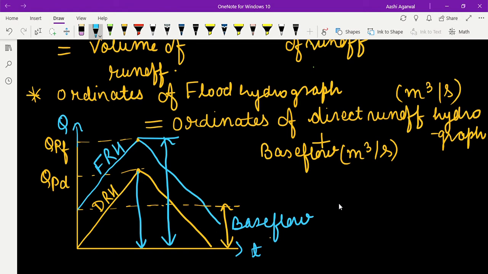So it is very clear that the difference between the peak discharge of a flood hydrograph and the peak discharge of a direct runoff hydrograph is the base flow.